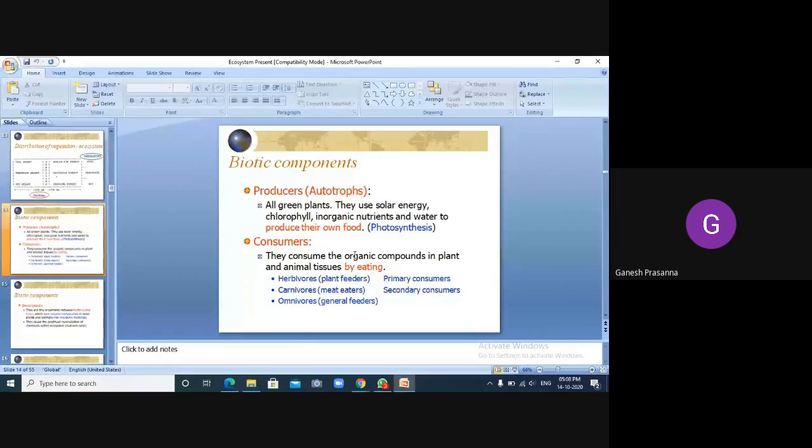Consumers are the ones that consume the organic compounds in plant and animal tissues by eating. There are different ones: herbivores, which are plant feeders, which are primary consumers; carnivores, which are meat eaters, which are secondary consumers; and omnivores, which comprise both. They depend on plants, and also on the meat eaters.